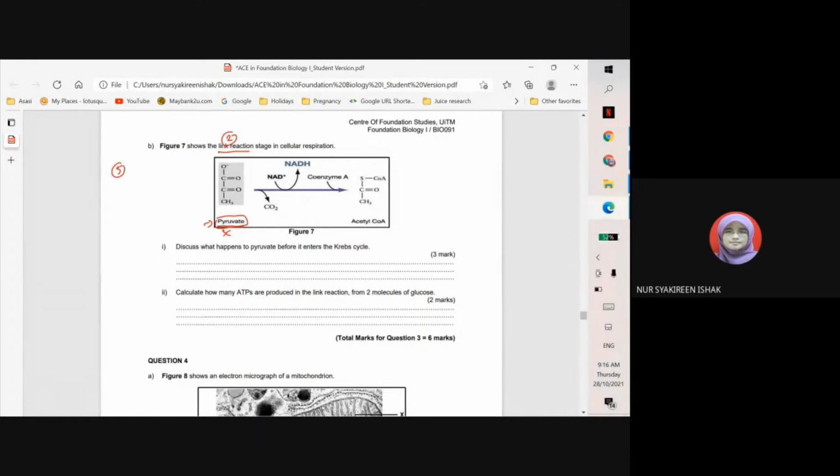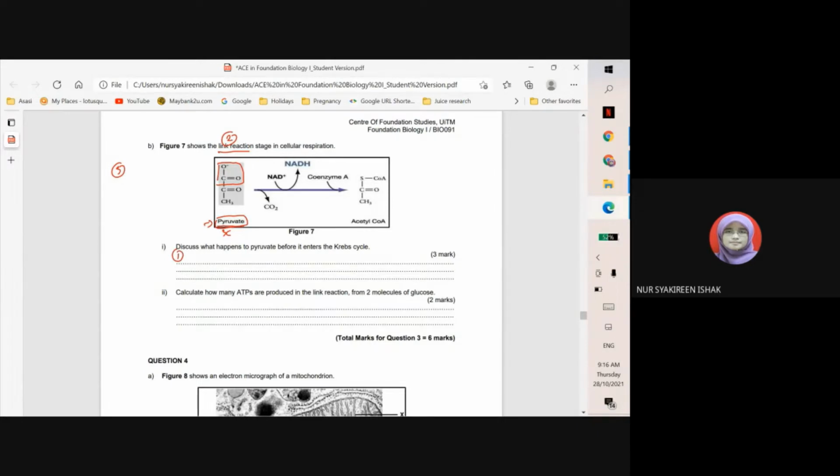So what happens next is that during the link reaction, if you look at the structure of pyruvate, it has this carboxyl group. The carboxyl group will be removed. Tu point number satu lah yang boleh mention kat situ.